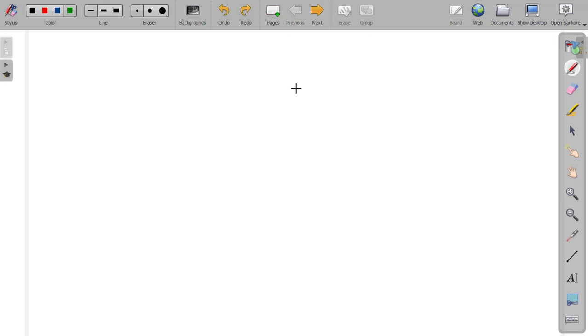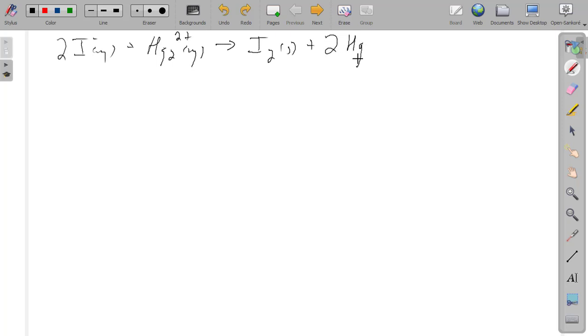All right, we have then 2 iodide plus mercury 1 goes to make molecular iodine plus atomic mercury.